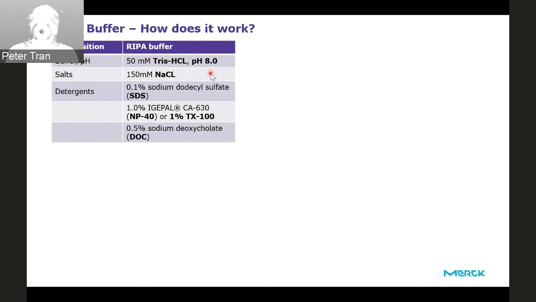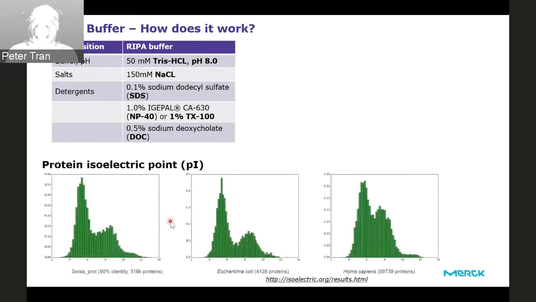So why do we need pH 8? If we look at the database for the protein isoelectric point, the pI, the pI is the pH at which the protein becomes neutral and may precipitate or aggregate, right? You don't want to choose a pH that's close to the pI of your target protein.